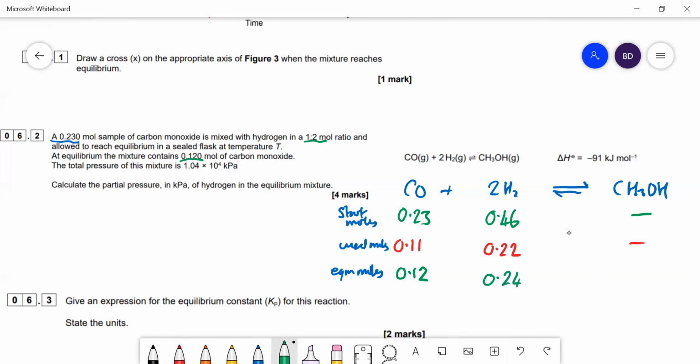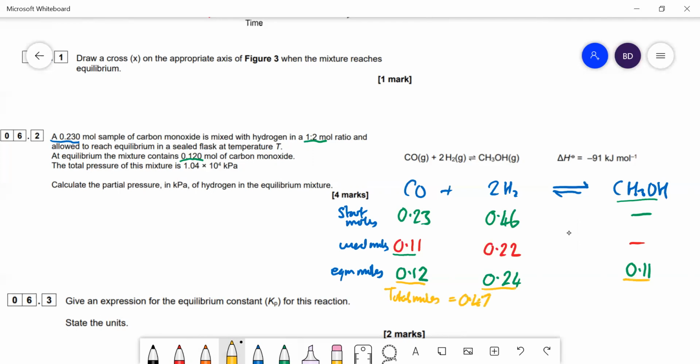Now, how much methanol have we got at equilibrium? Well, for every 1 mole of carbon monoxide we use up, we get 1 mole of methanol. So that's going to be 0.11 there. Okay, so from that, we can work out the total moles. We need to work out the mole fraction of hydrogen. So the total moles is that plus that, which is equal to 0.47.